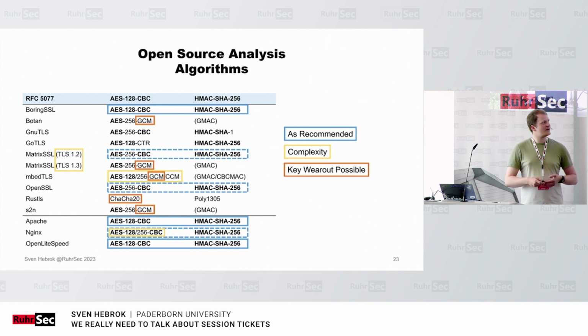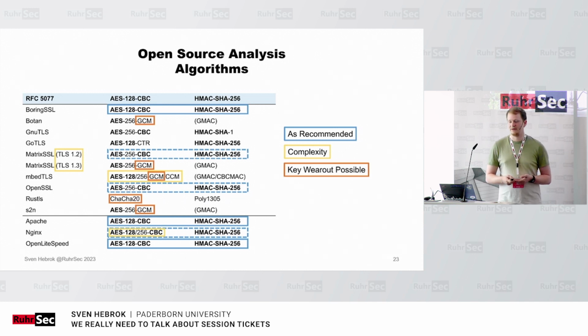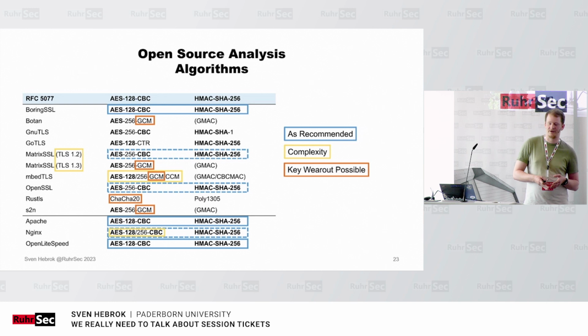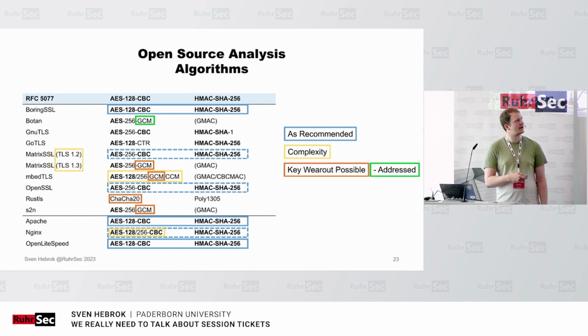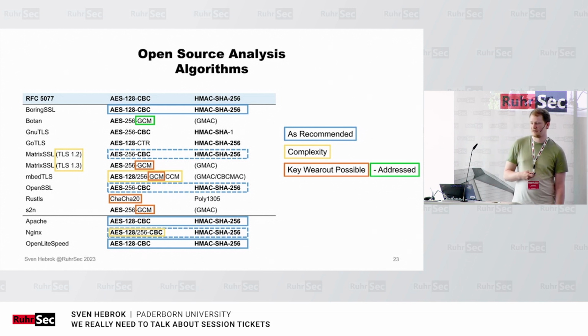Another thing that came up is that other schemes used GCM or ChaCha20, which use smaller initialization vectors, or in their case nonces, which means it is more likely that key wear-out occurs, so they should rotate that key more regularly. However, one thing we noticed is that Botan actually addresses this by introducing another field in their session tickets. So at least some people thought about this.